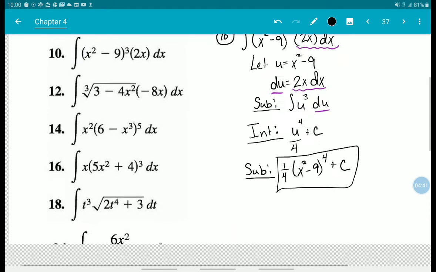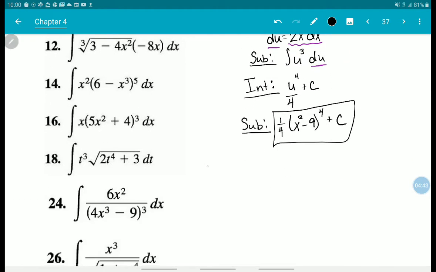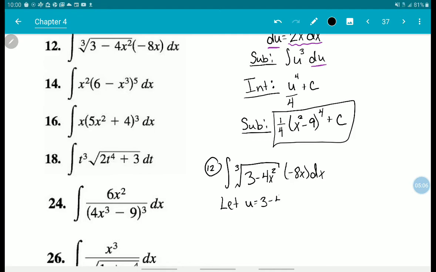Let's do another one. Let's look at number 12. So number 12, we are integrating the cube root of 3 minus 4x squared times negative 8x dx. So we're going to do a u substitution again. We're going to let u be that inside function.